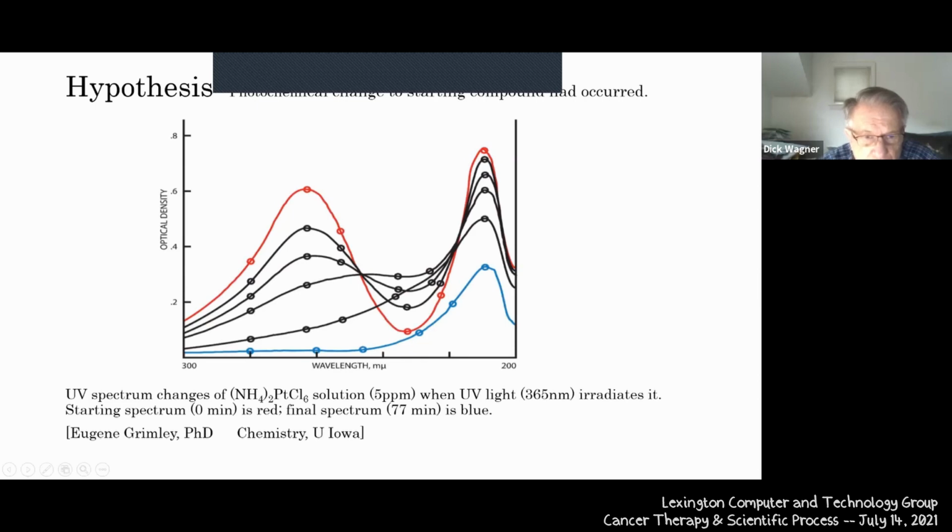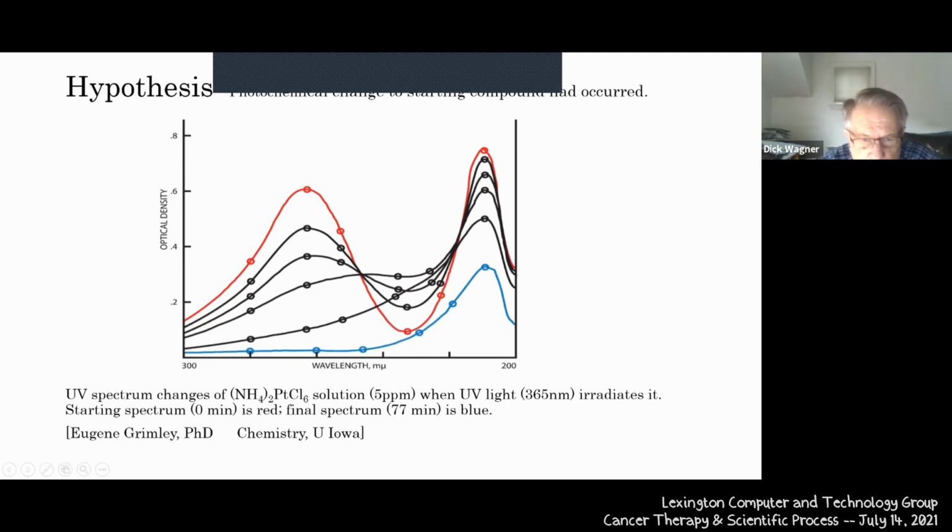But as you leave on this starting irradiation, the whole thing comes down finally within, I think this was like 45 minutes or so, to this. It stays here. This is the final. So you get this isosbestic point to begin with, but eventually this all falls off and you get this. So you've got something going on here.